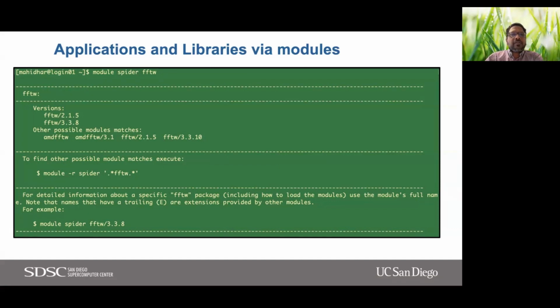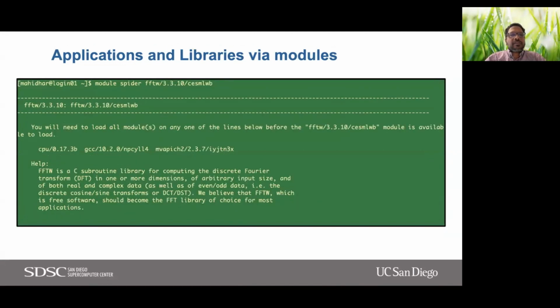If you do module spider FFTW, you can see that if I pick a particular version, I have to load the CPU stack, the GCC compiler, the MPI compiler, and then you load the FFTW.